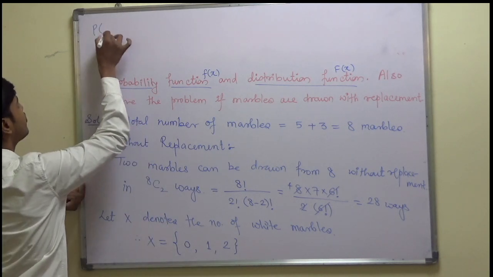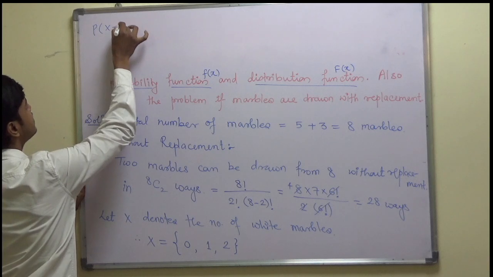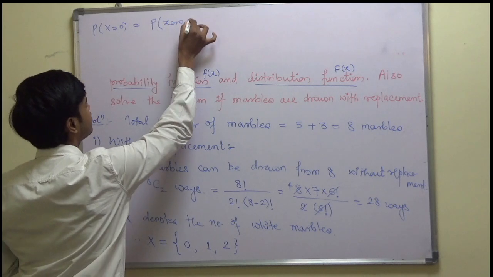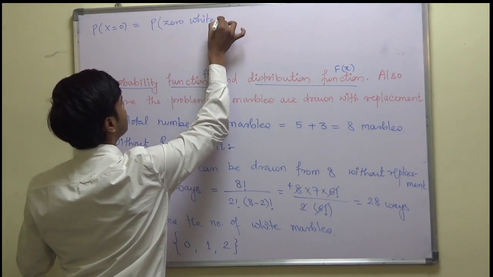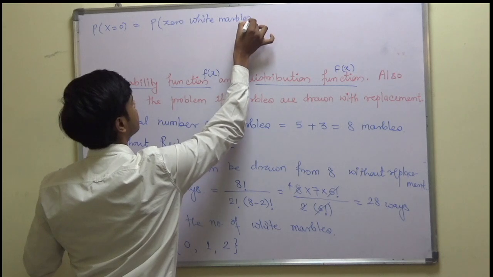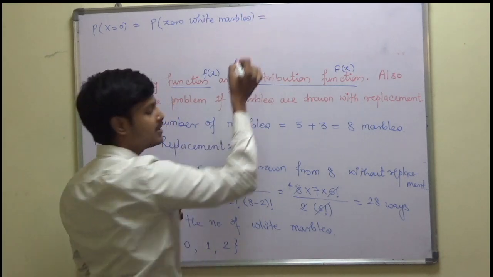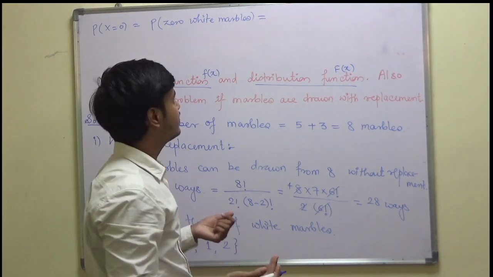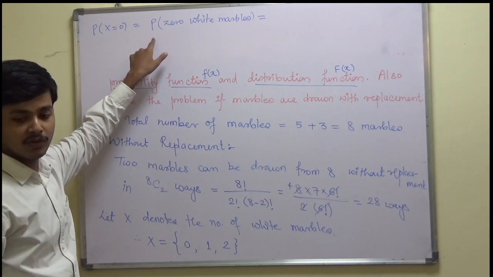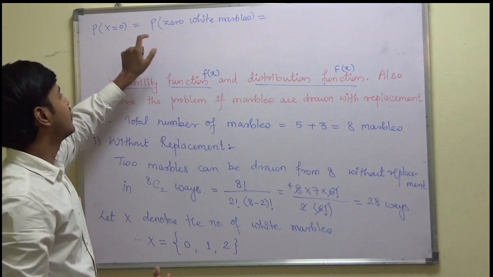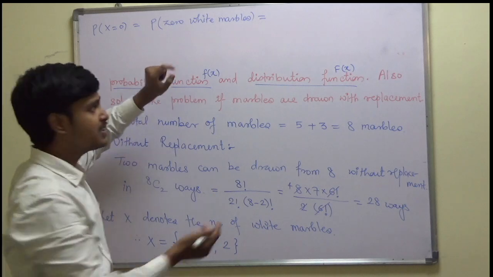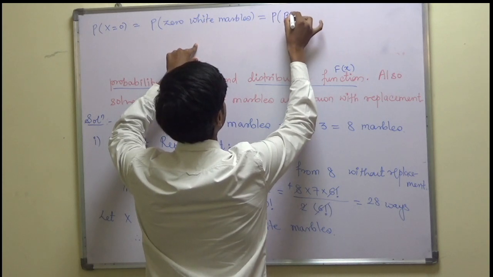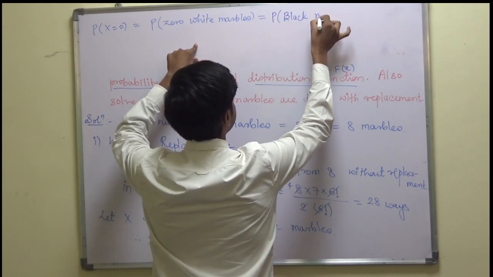Probability of x equal to 0 means probability of 0 white marbles. 0 white marbles means no white marble is drawn, meaning both the marbles are black. So, to be more precise, probability of black marbles.